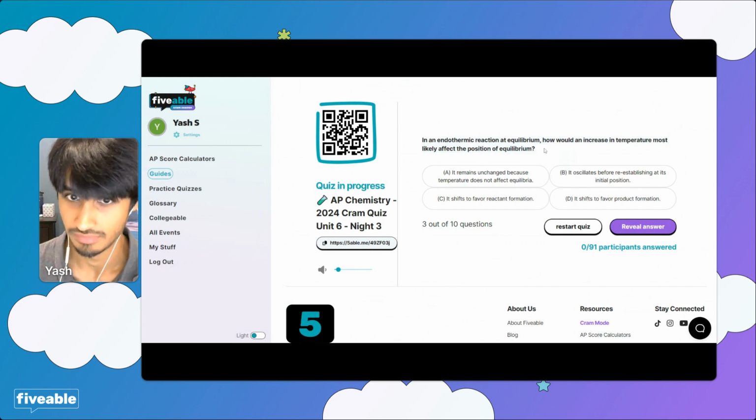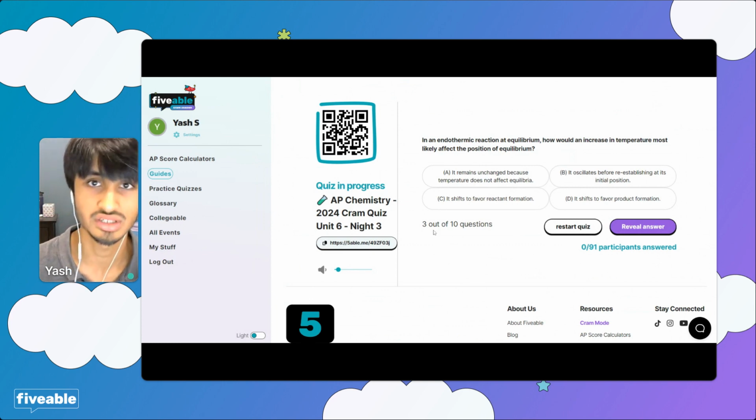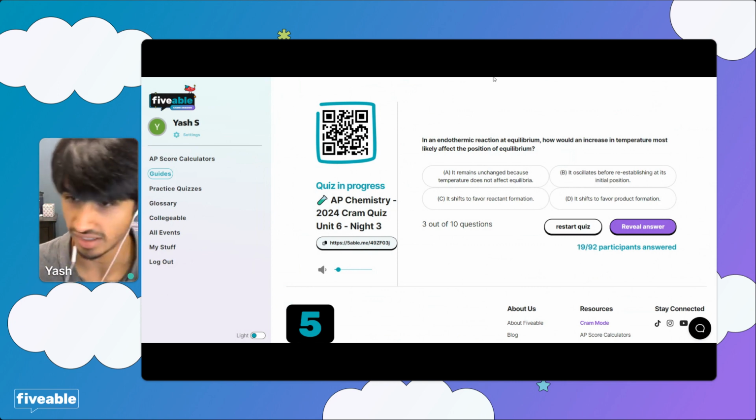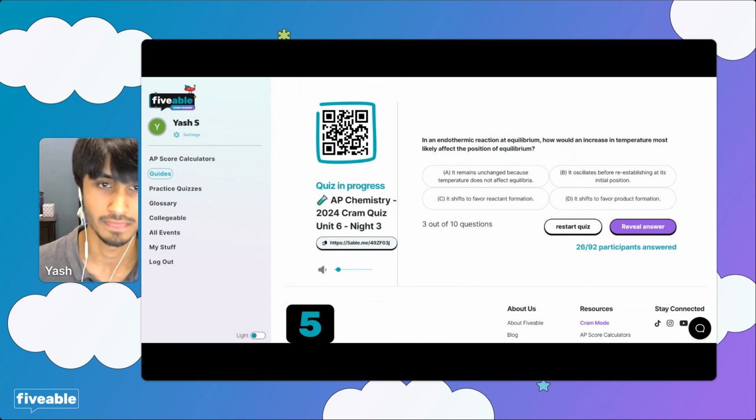Okay. Let's skip this. Oh, this is because it's a unit 6 one. Hold on. This is a unit 6 one. Does anyone have a unit 5 link? This is a unit 6 quiz. The unit 5 link doesn't work.